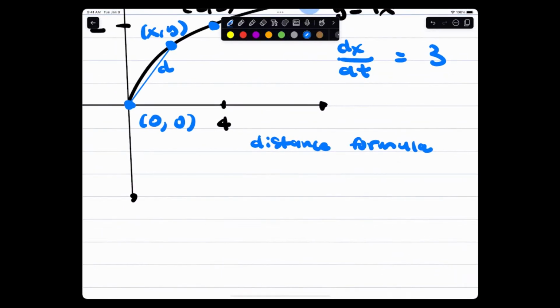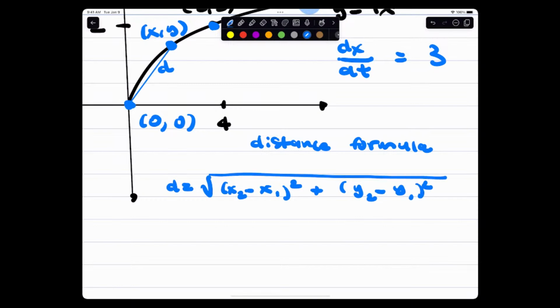All right. Square root of x2 minus x1 squared plus what? y2 minus y1 squared. All right. Isn't that the distance formula from geometry? Do you guys remember that? Easy peasy, lemon squeezy.